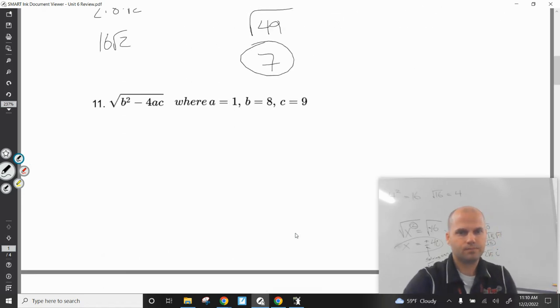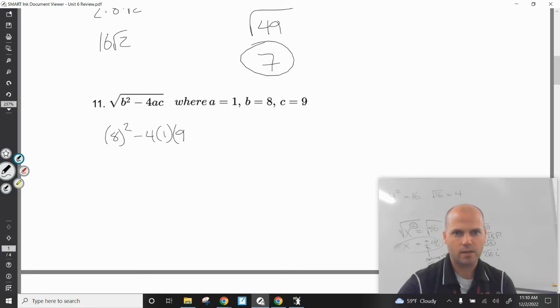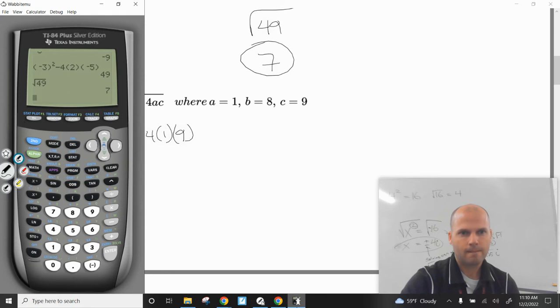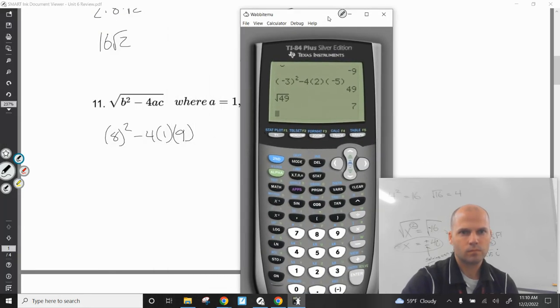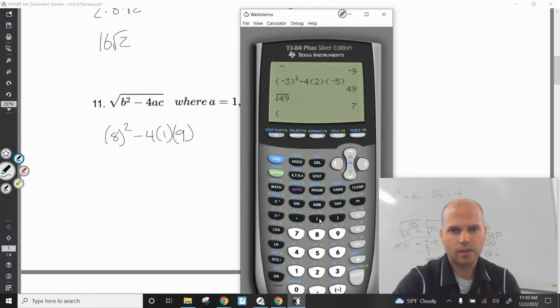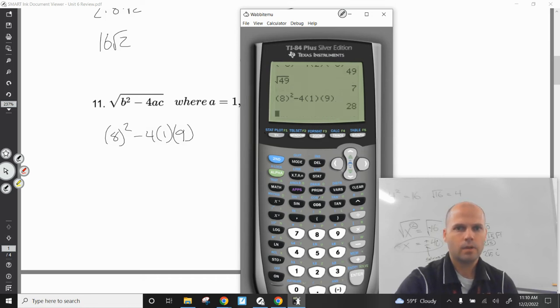Let's do this one. Just worry about what's inside the parentheses first. b squared minus 4ac. Using parentheses, 8 squared minus 4 times 1 times 9 is 28.